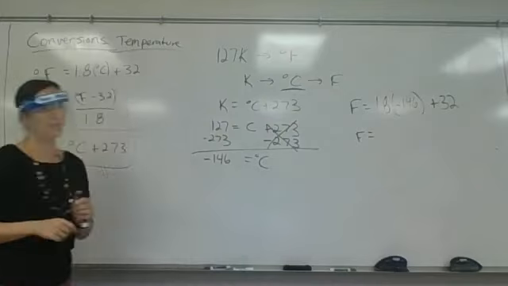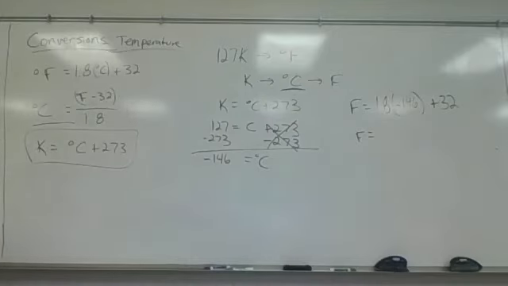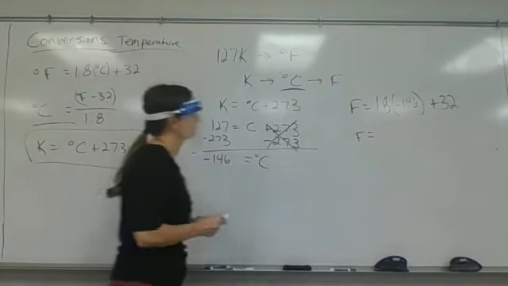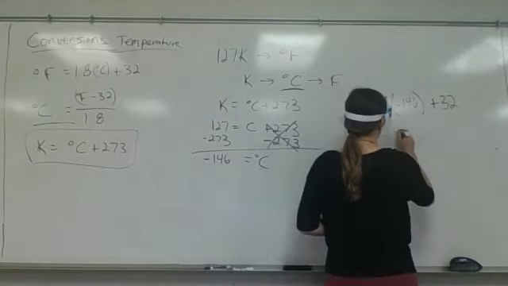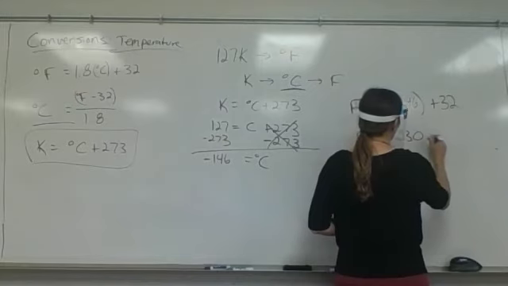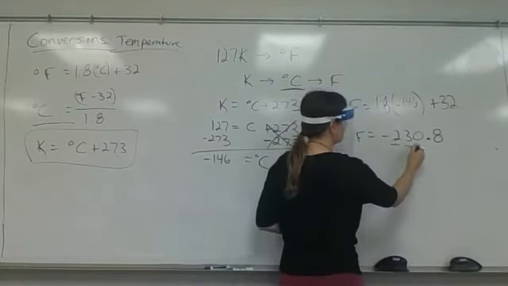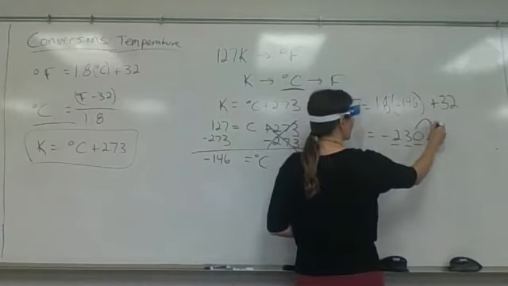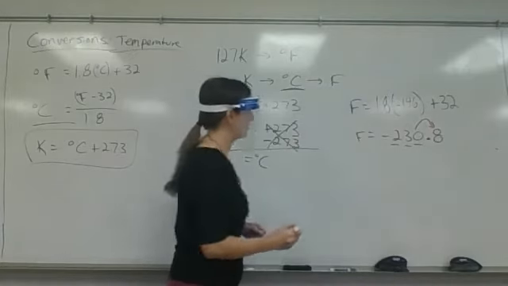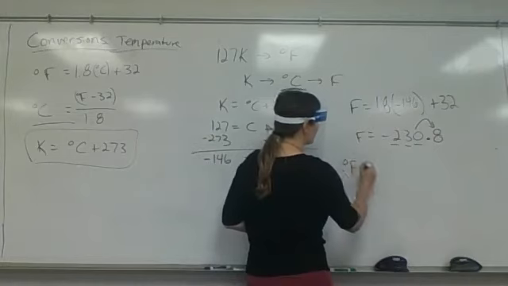So you will get a negative number. Sticking with 3 sig figs, you get negative 230.8. So if we're sticking to 3 sig figs, 1, 2, 3, look at the number next to it. Does that stay a 0 or go up to a 1? It goes to a 1.